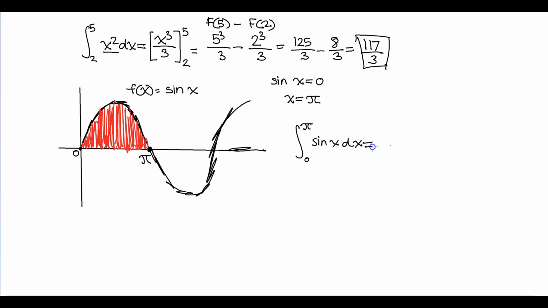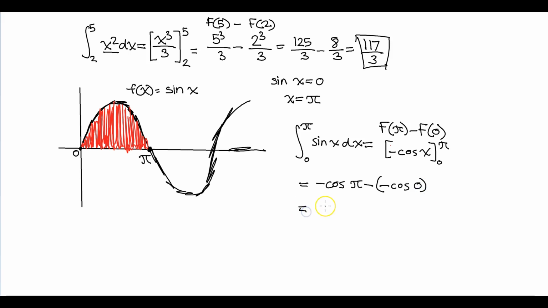And with the fundamental theorem of calculus, we are able to evaluate F of pi minus F of 0, where big F is your antiderivative. The antiderivative of sine of x is negative cosine of x. So negative cosine of x, and we just evaluate it from 0 to pi, okay? And that gets you negative cosine of pi minus negative cosine of 0.